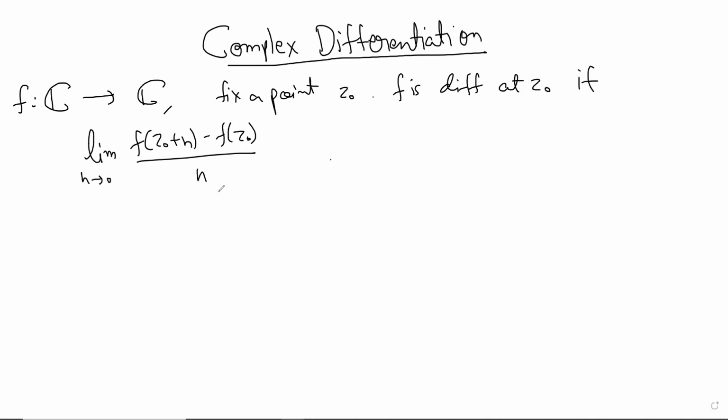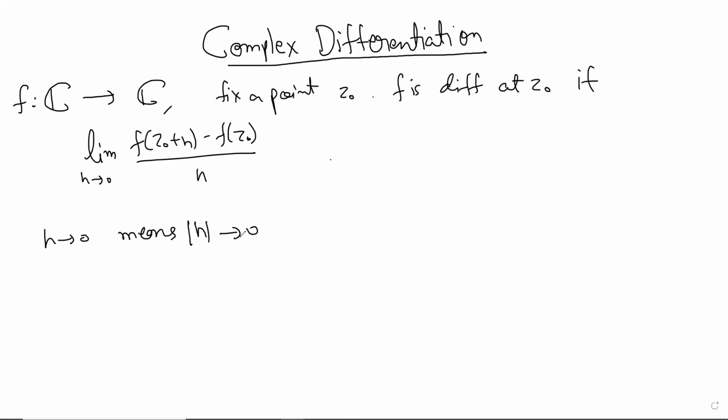Now, the real point to focus on here is that h goes to 0. What does this mean? h going to 0 means that the modulus of h goes to 0. So h is not a real number here.